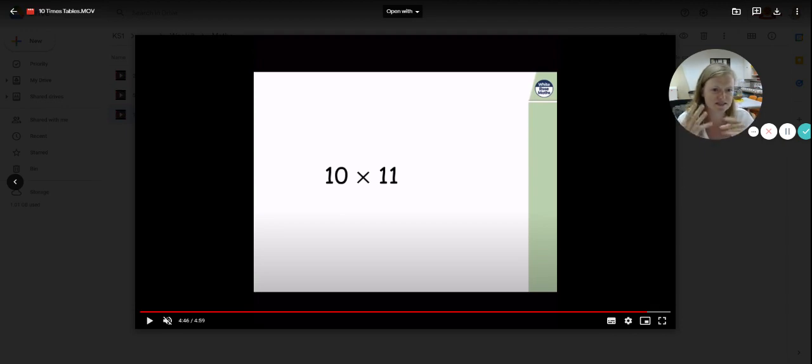Let's count in tens. 10, 20, 30, 40, 50, 60, 70, 80, 90, 100, and I need one more, I need a total, 110. So we double checked our answer. We counted in tens 11 times. We know that 10 multiplied by 11 is indeed 110. There it is.